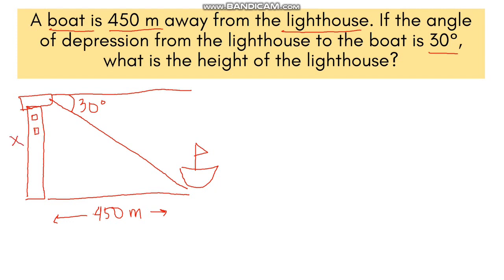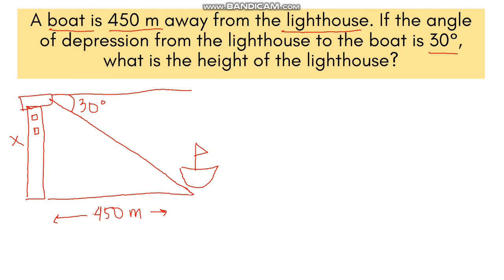So now we have to find a way to solve for the value of x, given the angle of depression of 30 degrees and also the distance of the lighthouse to the boat, which is 450 meters. Now from the previous problem, we identified a right triangle, so we can also do it here.